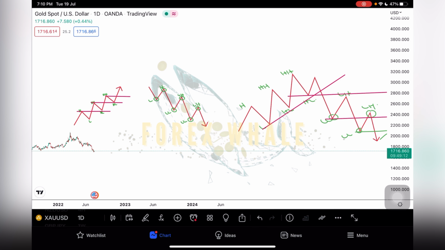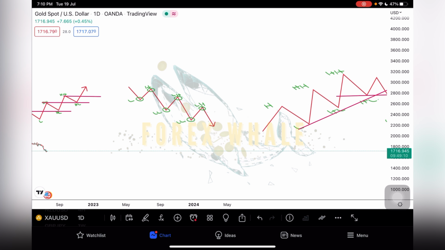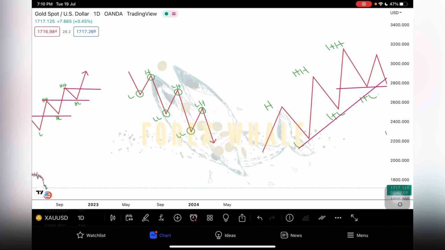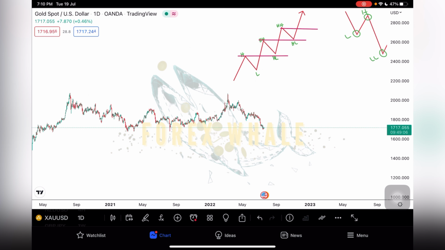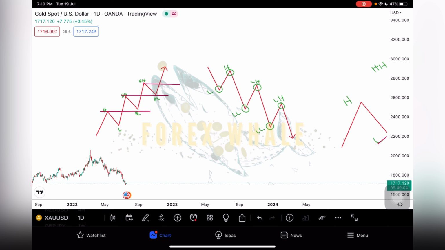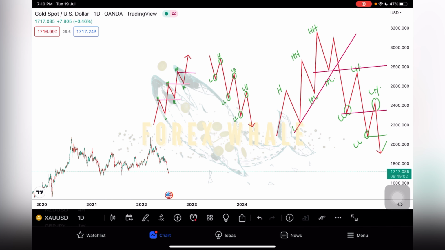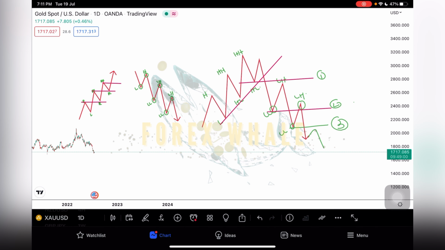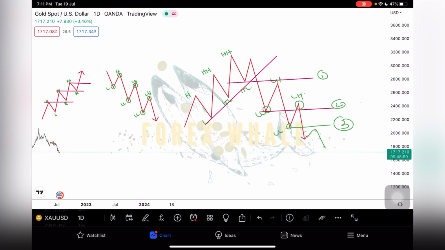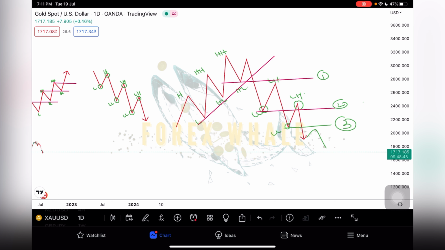Sometimes if your eyes are really that sharp, you'll be able to identify the structure immediately once you look at the chart. You can take a screenshot of this now to make it easy for you, but I would definitely recommend you draw it on a piece of paper or on your iPad or on your computer, and try to draw it yourself and try to make some understanding from all these drawings.